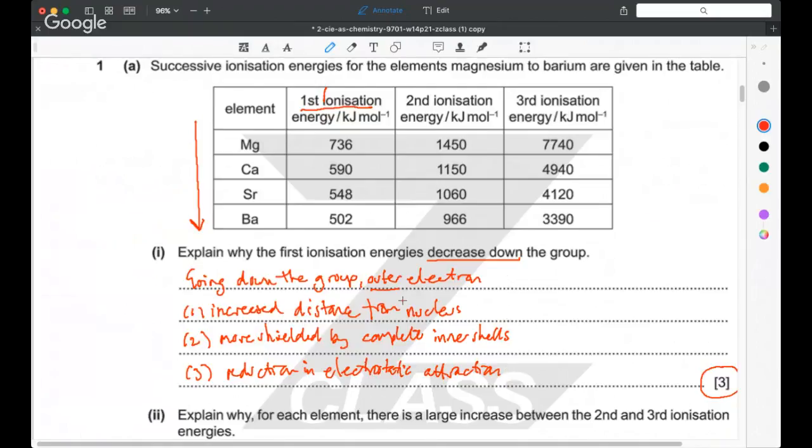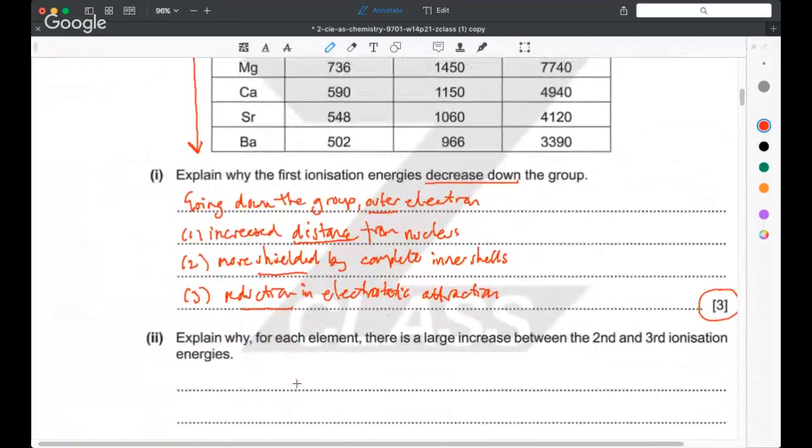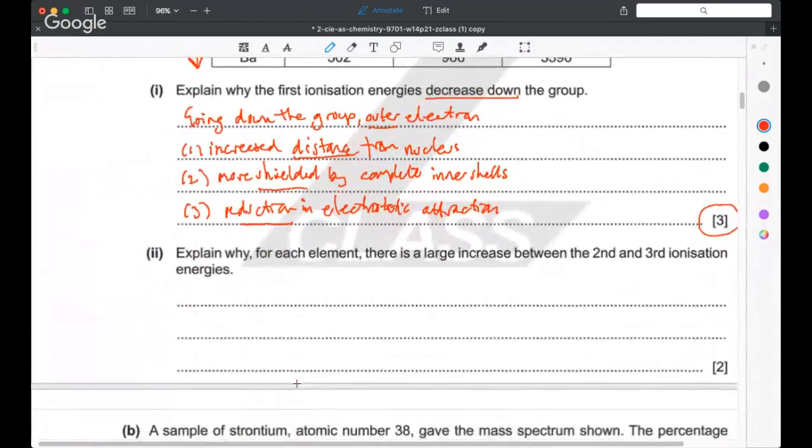The examiner was pointing out that to get the marks here, you must say the outer shell electron is at an increased distance from the nucleus, and that these outer shell electrons are more shielded by more complete inner shells. Those 2 factors lead to a reduction in the electrostatic force of attraction between the outer shell electron and the nucleus, and that's the reason for the first ionization energies decreasing down the group.